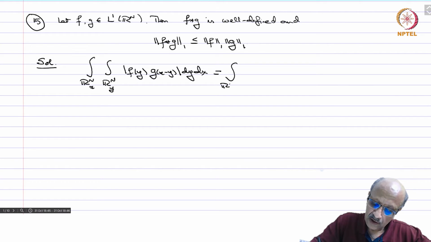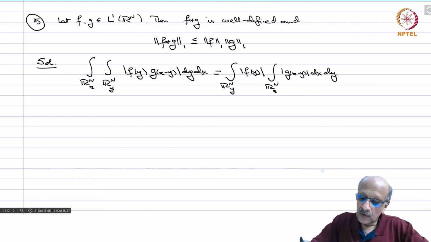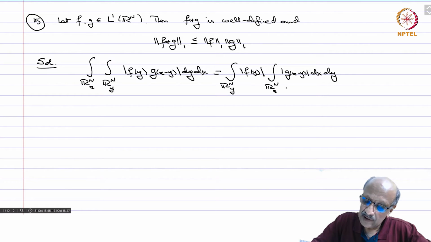So this is integral over R^n of mod f(y), integral over R^n of mod g(x minus y) dx dy. Okay, so y is a constant as far as the inner integral is concerned, and g(x minus y) is just a translate of g, and therefore by the translation invariance of Lebesgue measure, this is in fact equal to norm g1.